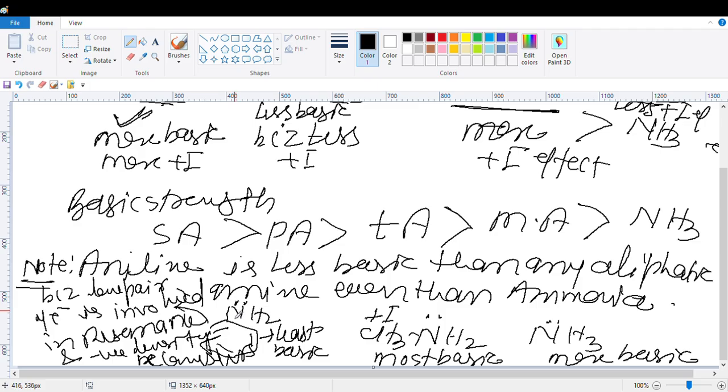So that is why the negative charge density on the nitrogen of the NH2 group of aniline becomes less, making it least basic.